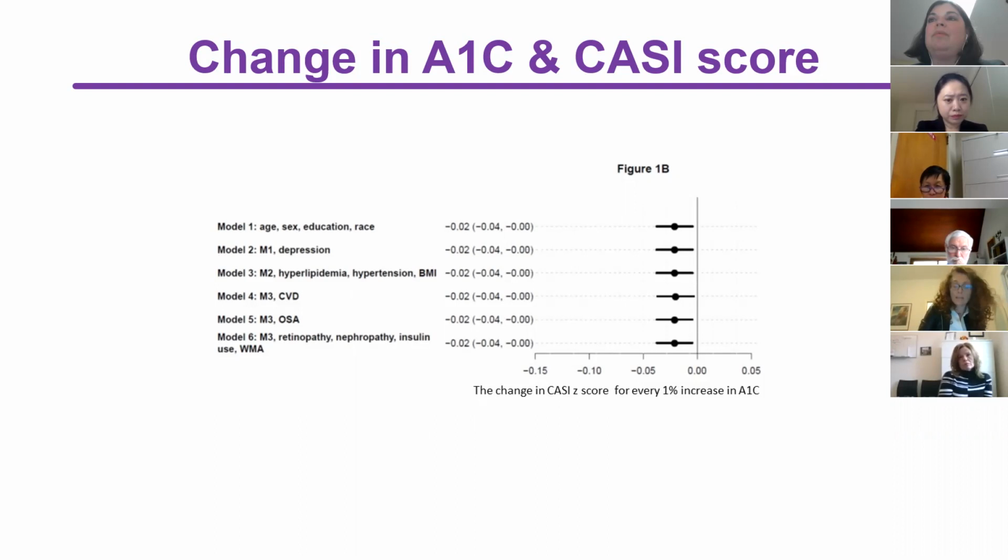For the other neuropsychological tests, there was a significant relationship between the change in the cognitive scores and A1C for the clock making test, the test of executive function, for the test of discriminability, and for a test of verbal fluency. Next slide.